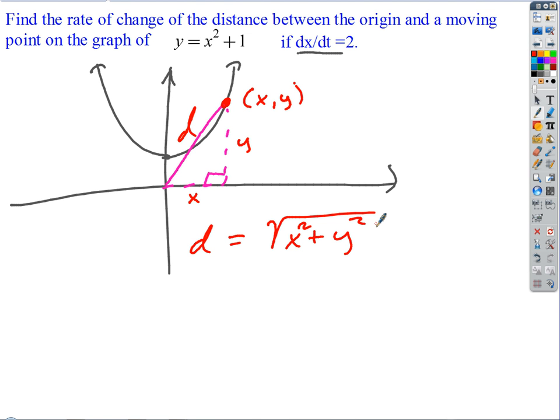If its motion is constrained, moving along this path, then there must be some connection between the x's and y's that we can exploit. Well, there is. If the motion is constrained like that, then the y's are always related to the x's by that equation. So instead of calling the point x, y, we know that y is really just equal to x squared plus 1.